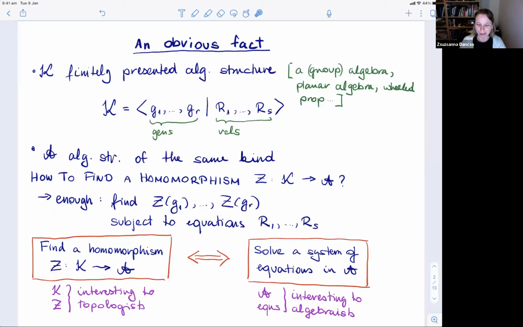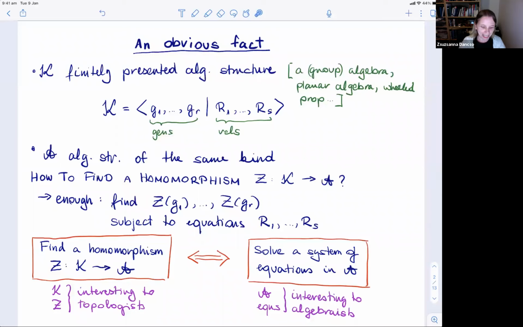So I put some of these words here because these are the ones that will be relevant later in the talk, but this fact itself is extremely general. If it's finitely presented, that means that there are a finite number of generators and some finite number of relations. So I will denote the generators with G1 through GR and the relations with R1 through RS.